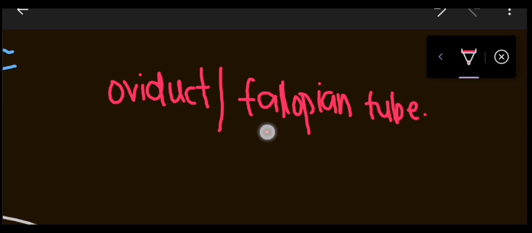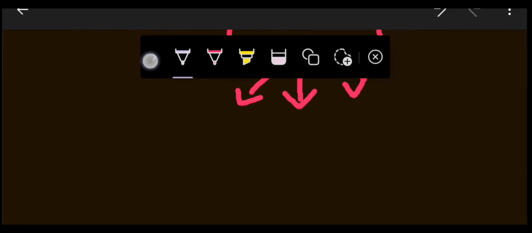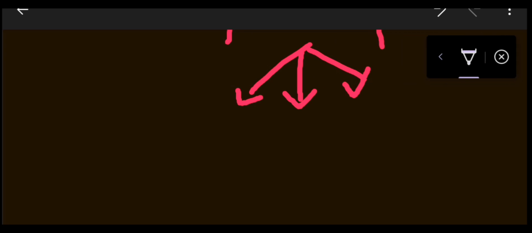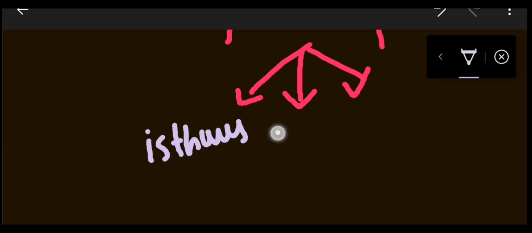नाउ दिस फेलोपियन ट्यूब और ओविडक्ट का, जैसे कि मैंने आपको बताया था, यहाँ पे 3 पार्ट्स होते हैं. फर्स्ट पार्ट इज नोन एज isthmus. Second is infundibulum.